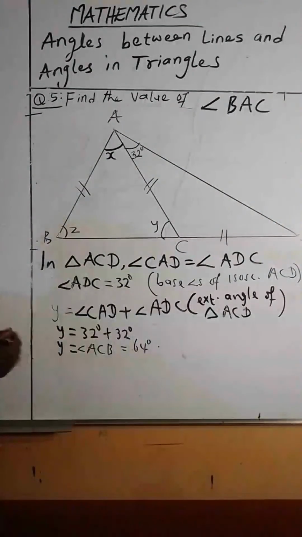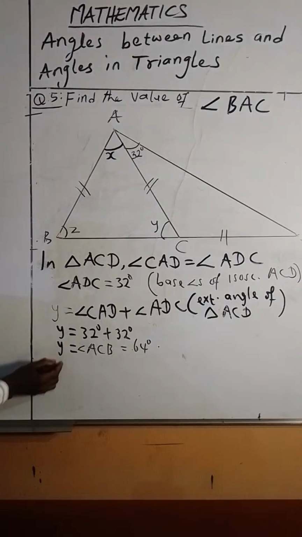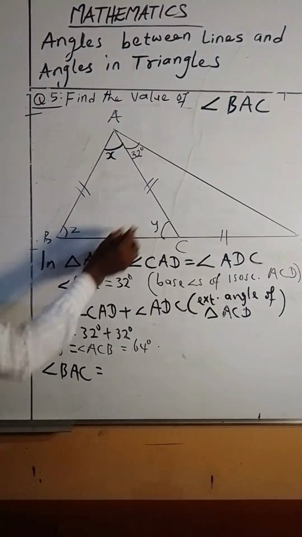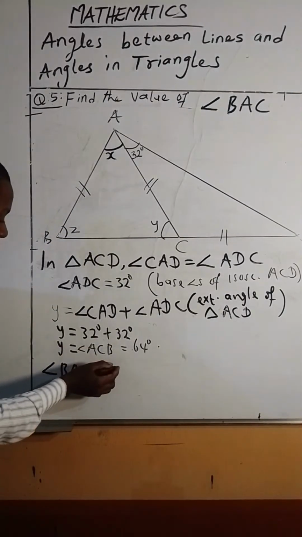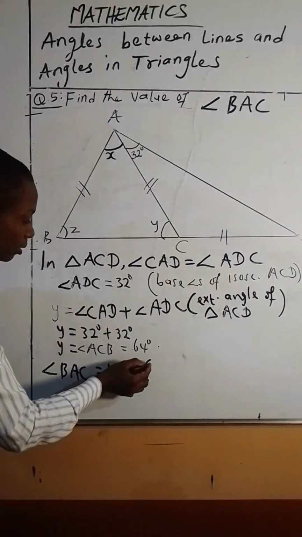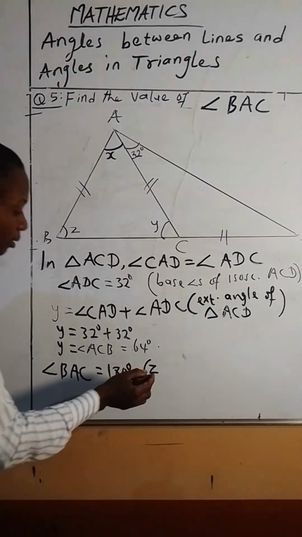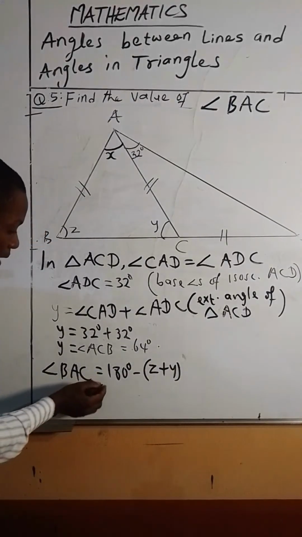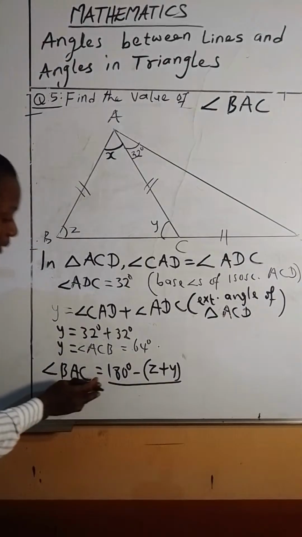Which means angle BAC is equal to 180 degrees minus (Z plus Y).